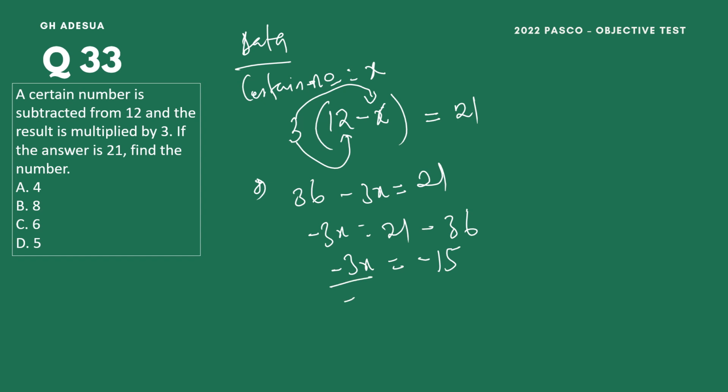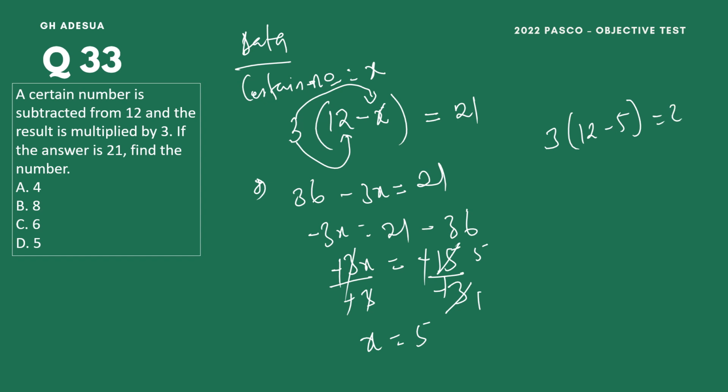We divide through by negative 3. Negative cancels out, and we have x equal to 5. So that certain number subtracted from 12 is 5. To prove, we put that in the equation: 3 into bracket 12 minus 5, wherever we see x we put 5, equal to 21.